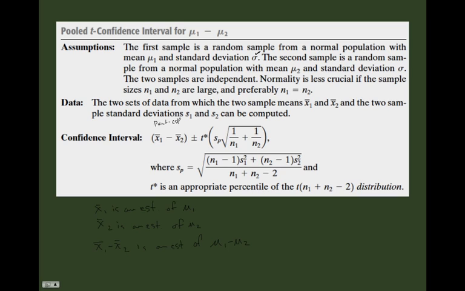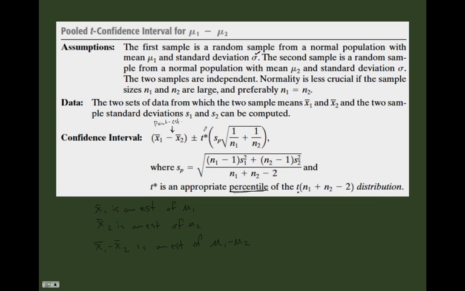You can go back and think about the BB fly swatter example that I talked about. Same kind of thing. We're trying to estimate the difference in population means. We're going to use the difference in sample means as our estimate, plus or minus t star, an appropriate percentile of the appropriate t distribution. I'll talk more about this percentile later on.